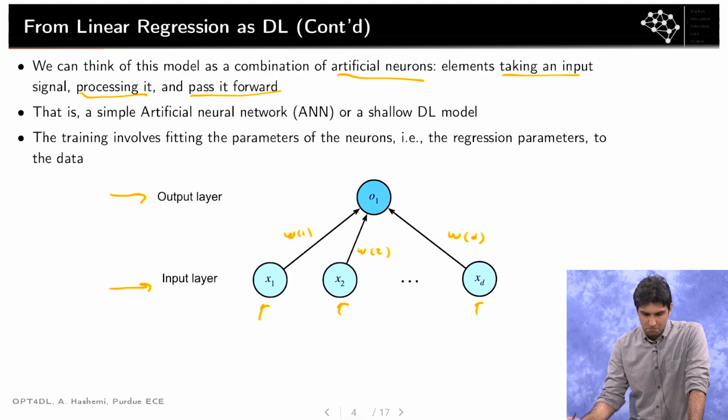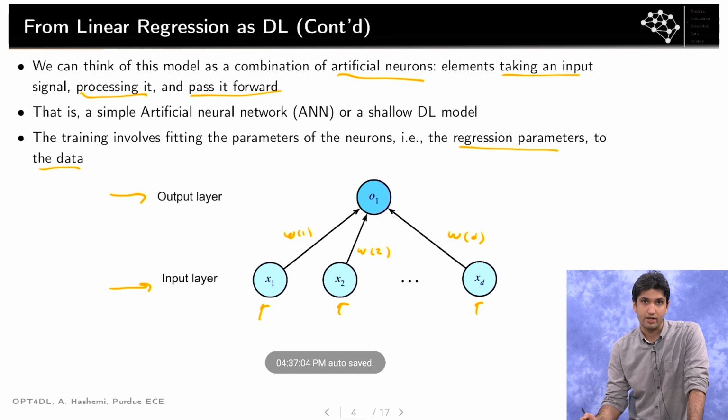Now, what's the training problem? The training, again, involves fitting the data. So we want to optimize over the parameters of these neurons, essentially the weights and the biases, which are our regression parameters, such that we have the best fit to the data.